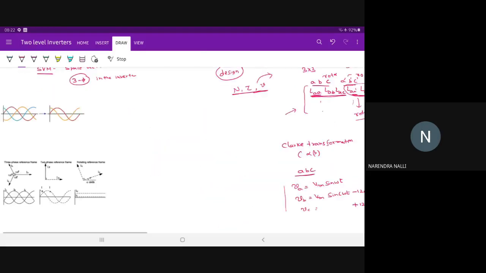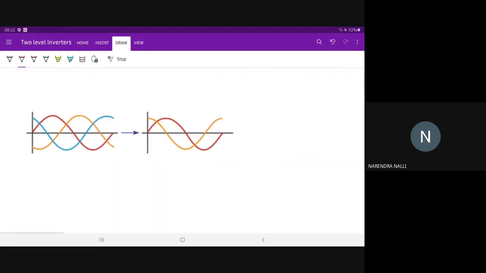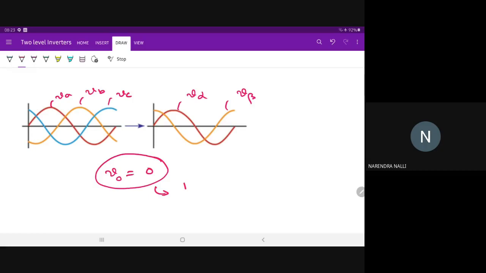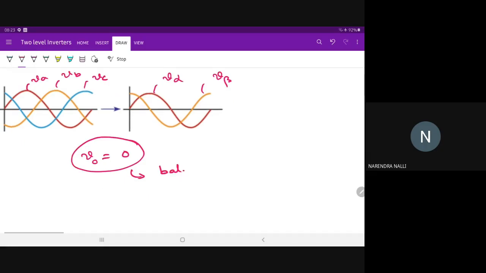So when you're doing this, you'll get something like this. So this is VA, this is VB, and this is VC, and the resultant two phase is V alpha and V beta. Usually this zero term, V0, is normally 0 for a balanced system.